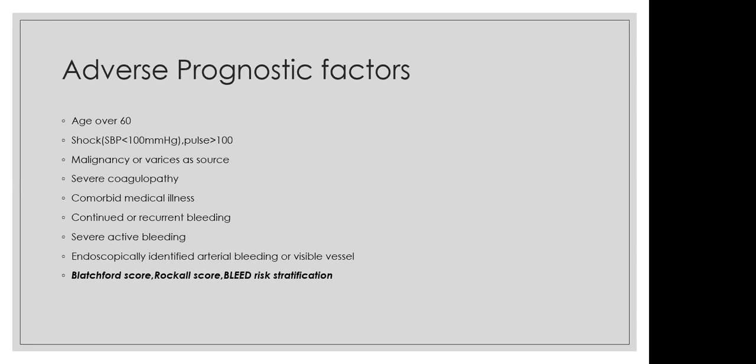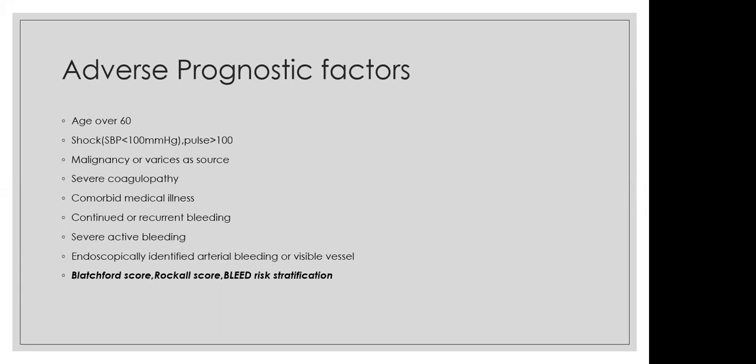of your patient. The Blatchford score is particularly important in an emergency setting because the parameters that are assessed there don't include endoscopic findings. So it helps you to assess whether you can safely discharge a patient that had presented with an upper GI bleed, or you need to observe or do any further management.